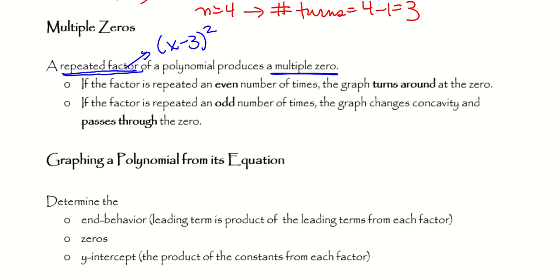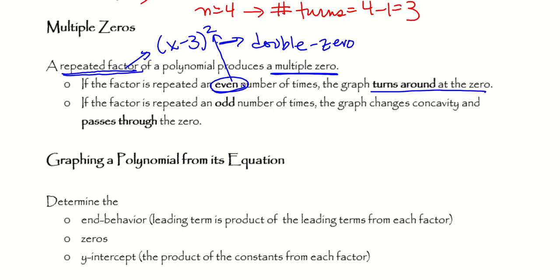So we would get a double zero when we have that factor squared. If the factor is repeated an even number of times, so if this exponent is even, then, because squaring both a positive and a negative is positive, the values are repeated on either side of the zero, and the graph turns around at that zero.